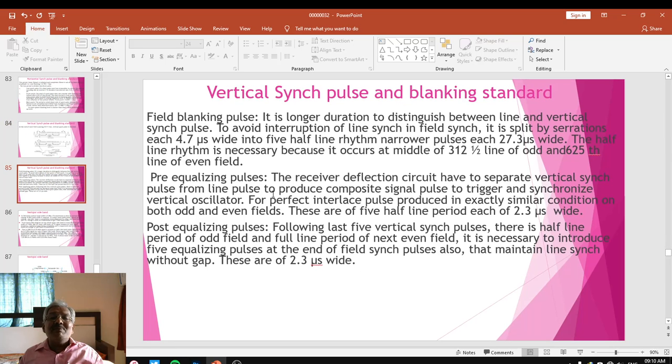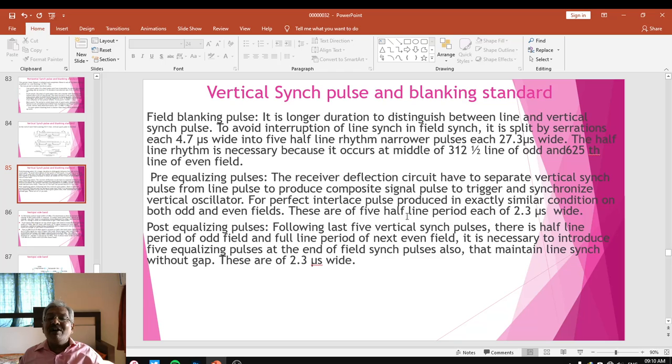Furthermore, pre-equalizing pulses: the receiver deflection circuit has to separate the vertical sync pulse from the line pulse in the composite video signal to trigger and synchronize the vertical oscillator. For perfect interlace, pulses are produced in exactly similar conditions on both odd and even fields.